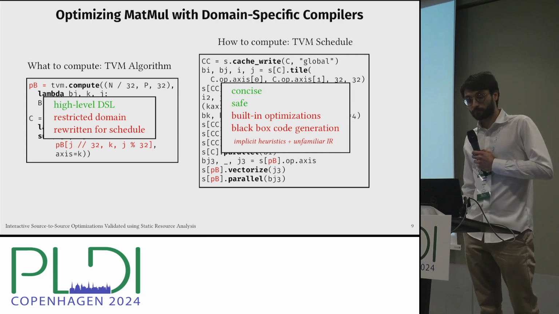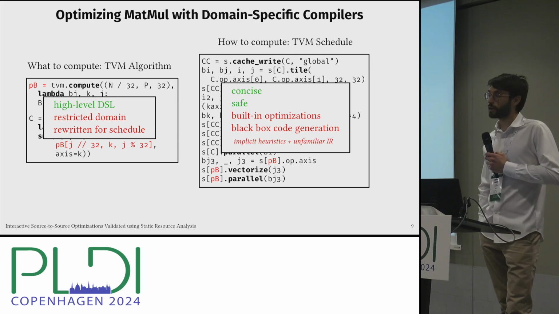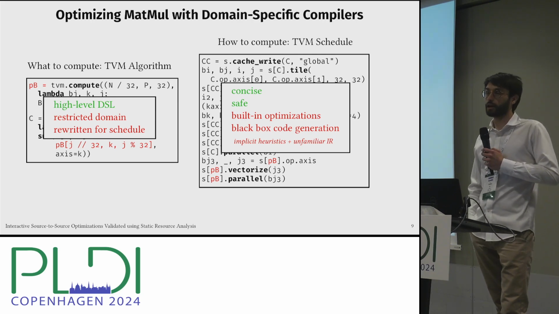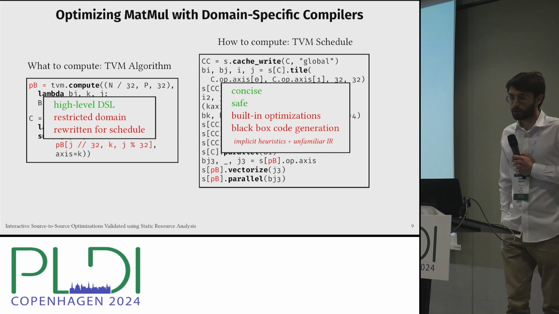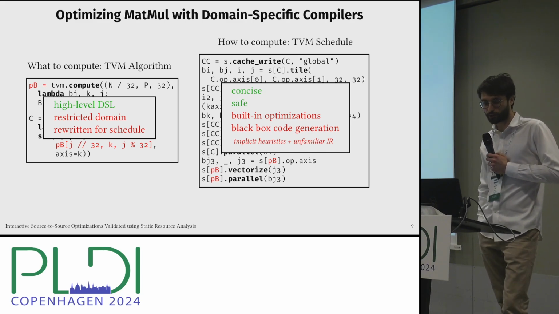So if we think about the algorithm description, what is nice is that this is a high-level domain-specific language, so it's concise to use and it's also easier to analyze than other languages.